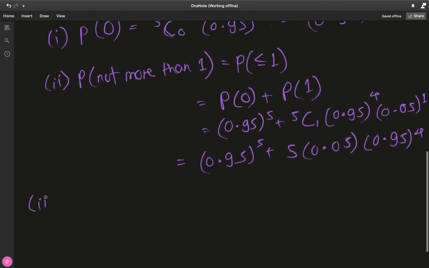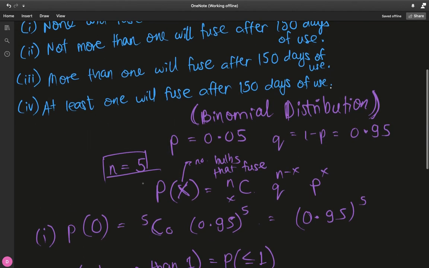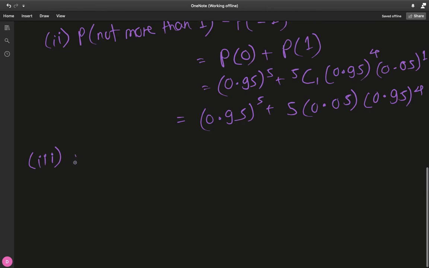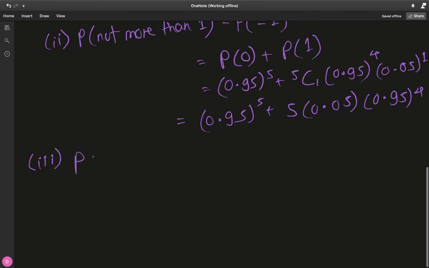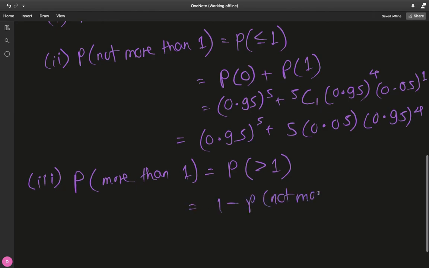Okay, subpart 3. As I said, I'm not going to calculate all the decimal points. More than one will fuse after 150 days. So more than one. So probability of more than one, which to write in terms of inequalities, will be greater than 1. So we're not including 1. So this will be 1 minus probability of not more than 1, right?